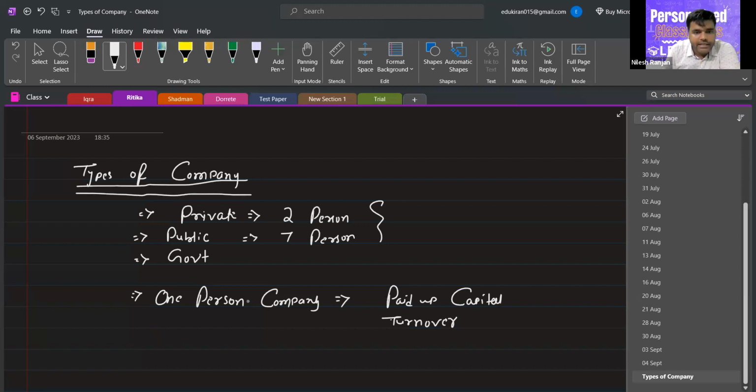And in this company, the management and ownership both can be the same.